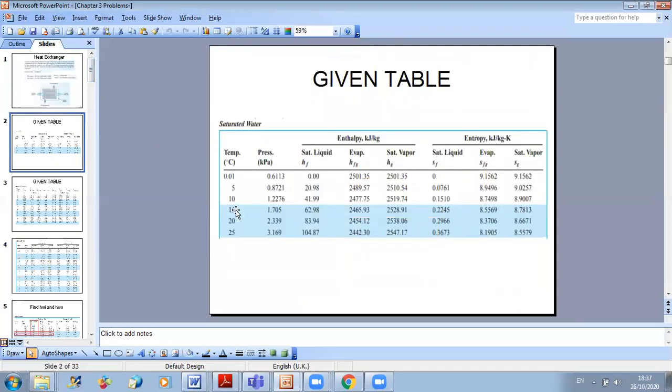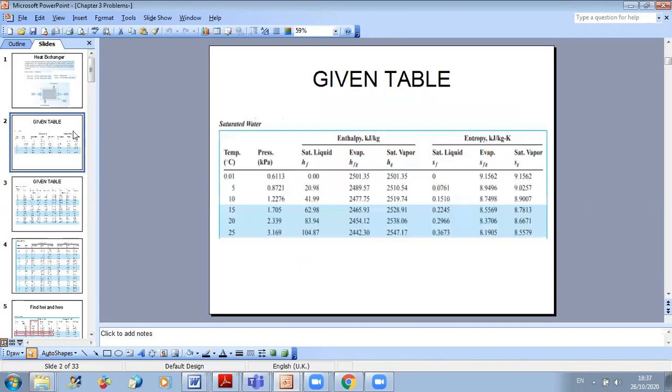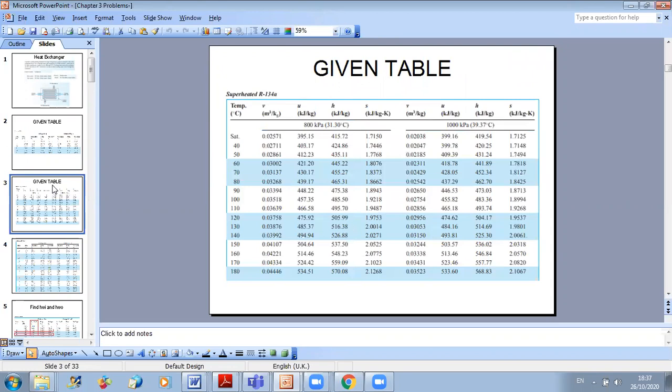To help you, I already gave the table here, but I will tell you how to search for them. As we said, for the inlet state of R134A in the given, they didn't mention if it's vapor or what, but I can make an assumption. I can assume it's a vapor. And how can I verify this? I can go to the tables and look at the case of saturated water, and at superheated refrigerant R134A.